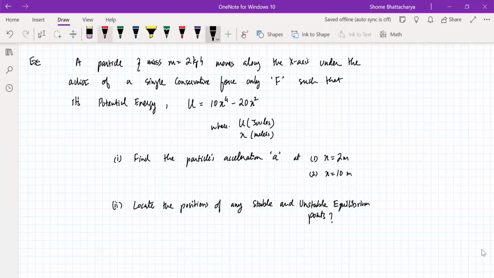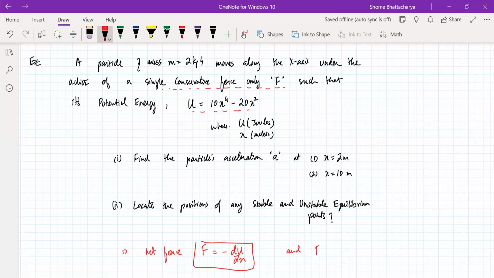Now you can see here that this is a situation where only a single conservative force is acting on the body, and the potential energy is given by this graph. So the net force is that single conservative force only, and that is minus dU by dx. This concept will be used here. Then, of course, use Newton's laws, F is equal to ma.